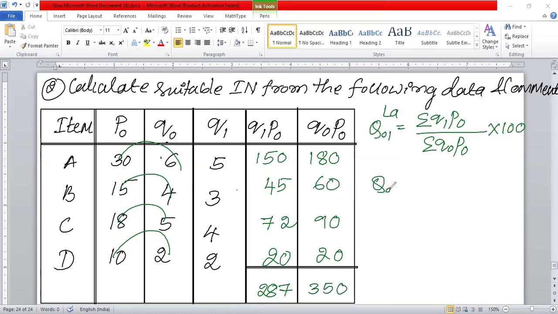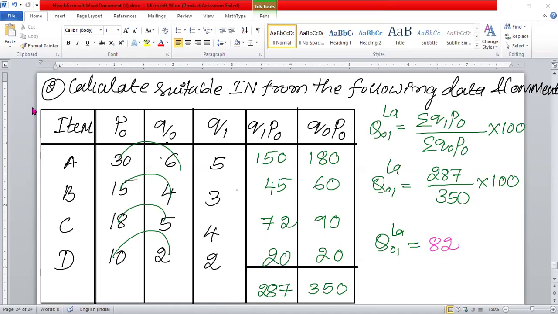So Q01 last year's is equal to 287 divided by 350 into 100. So 82 is the answer.